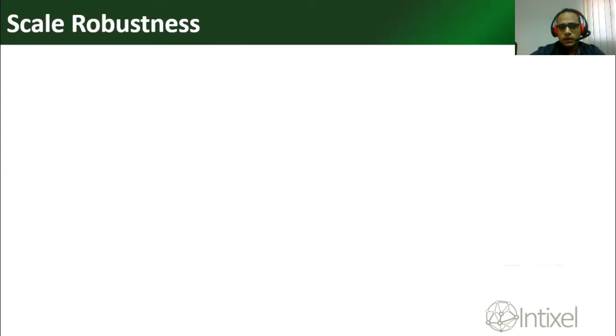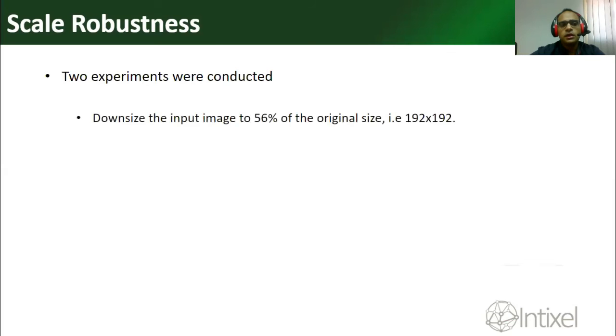So the whole idea of the architecture is to make it robust to scale changes, and also to make it use the context of the image better. In order to test this idea, we have set up this experiment where we downsize the input image to 56% of the original size.